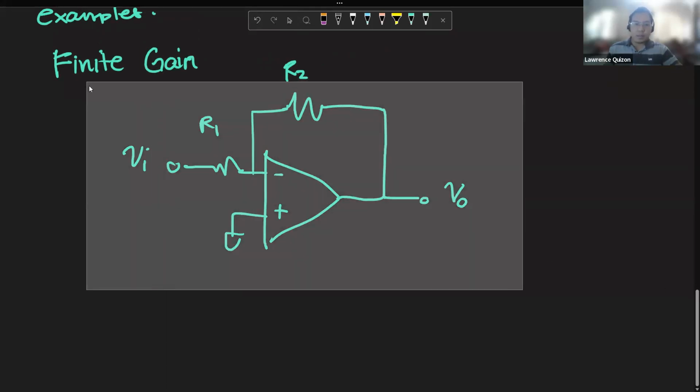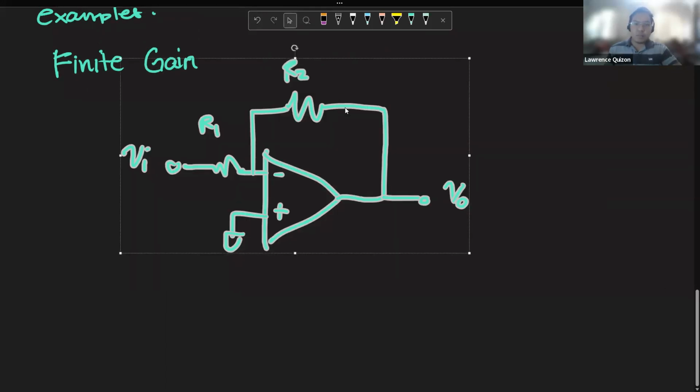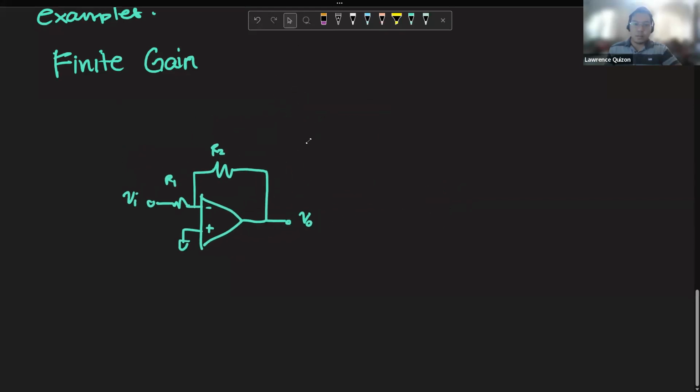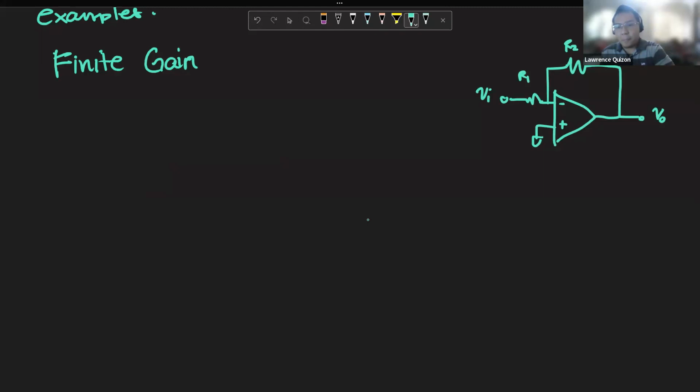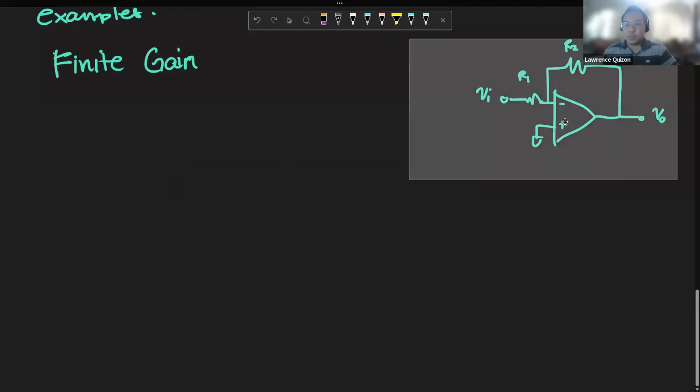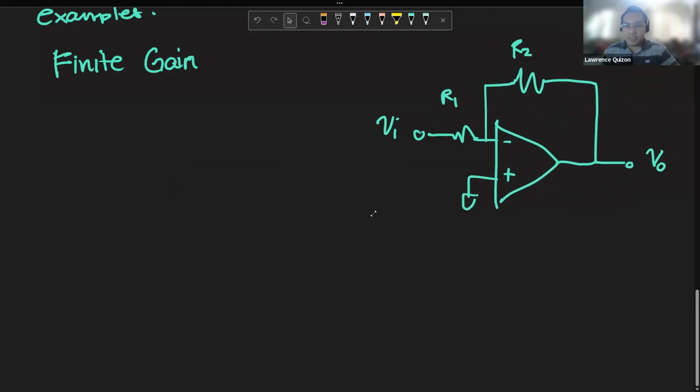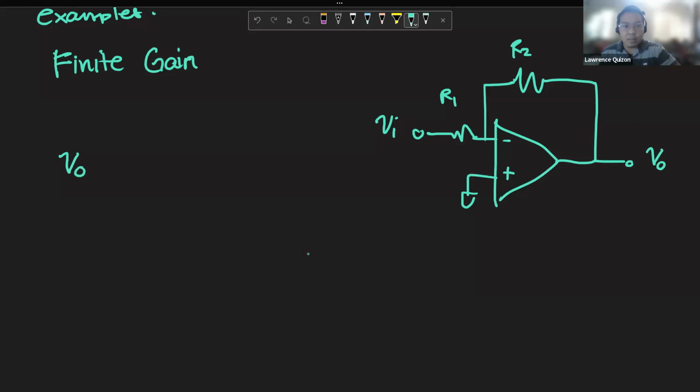For this circuit, we know that the closed loop gain, not the open loop gain, of an inverting amplifier is R2 over R1.